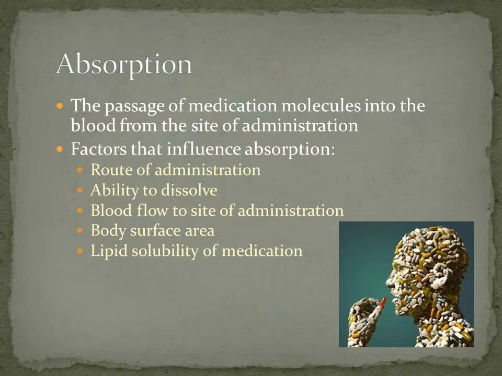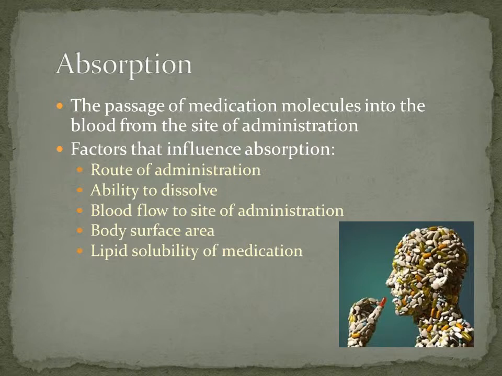Absorption: there's a different rate of absorption for each route of administration, and you need to be familiar with how quickly medications will be absorbed from these different routes. Topical administration has the slowest rate of absorption. The mucous membrane and respiratory tract have a quick rate. IV administration has the fastest absorption rate.